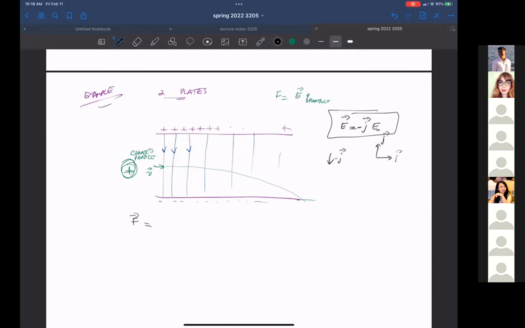So the force is going to be the electric field times the charge on my particle, so minus J E0 times the charge on the particle. And force is mass times acceleration, always. So let's say that my charged particle has a mass of m.